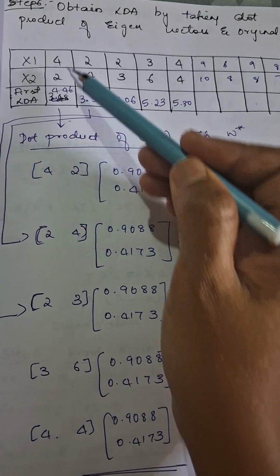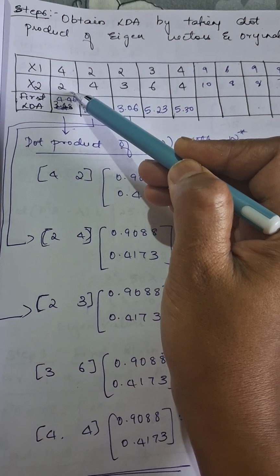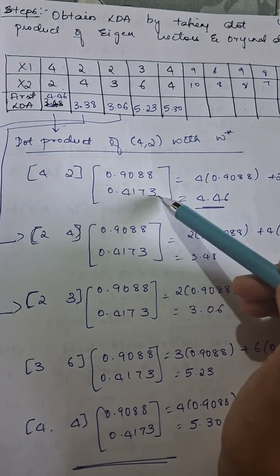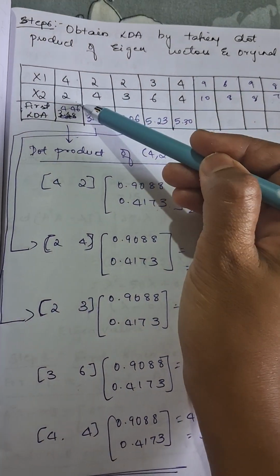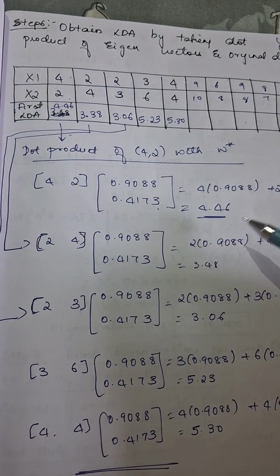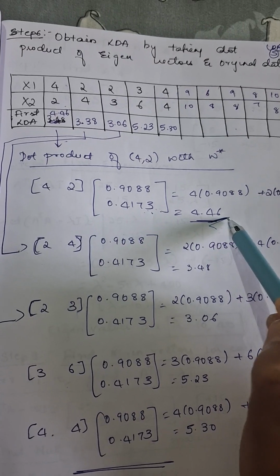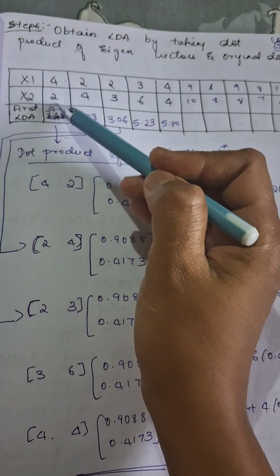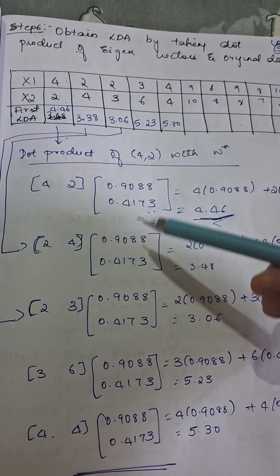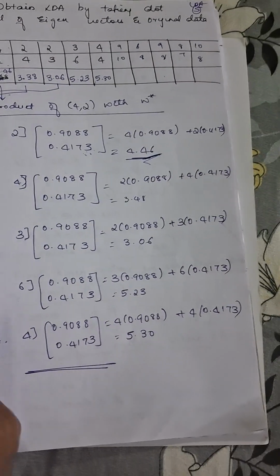How you do it is, take the data point and multiply it with the eigenvector which I just found. That will give me this first LDA. So for each data point you multiply with the eigenvector I found in the previous step.